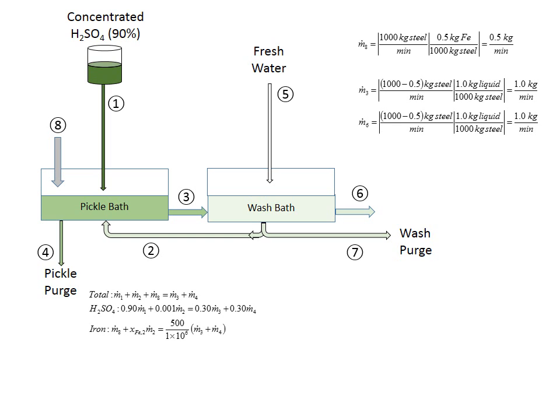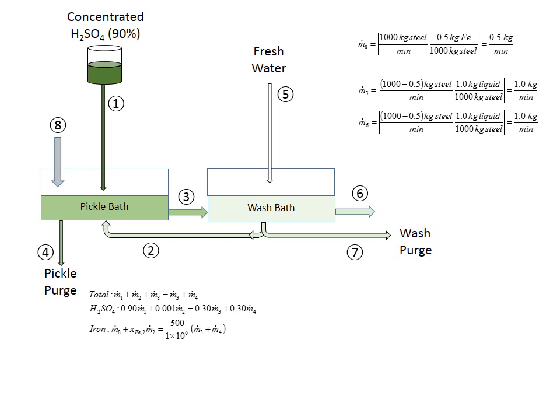Now let's take a look at the mass balances around the pickle bath. We have 3 components: sulfuric acid, water, and dissolved iron. So we can only write at most 3 independent mass balance equations. So let's take a look at the total mass balance equations surrounding the pickle bath.